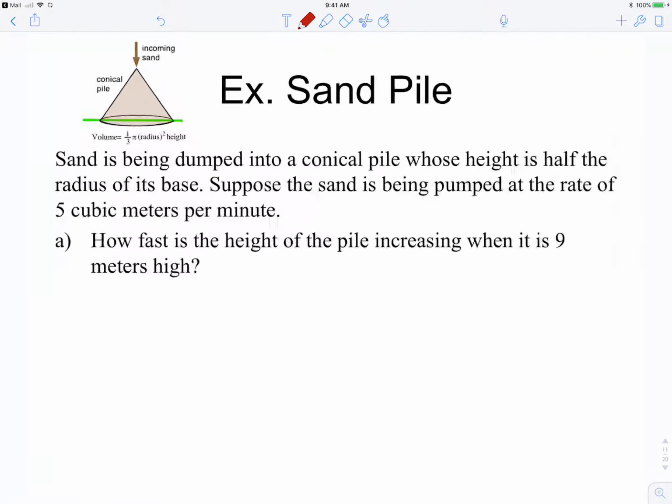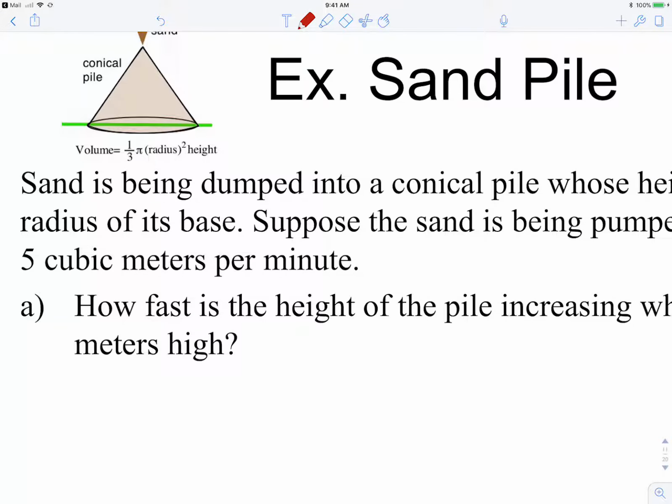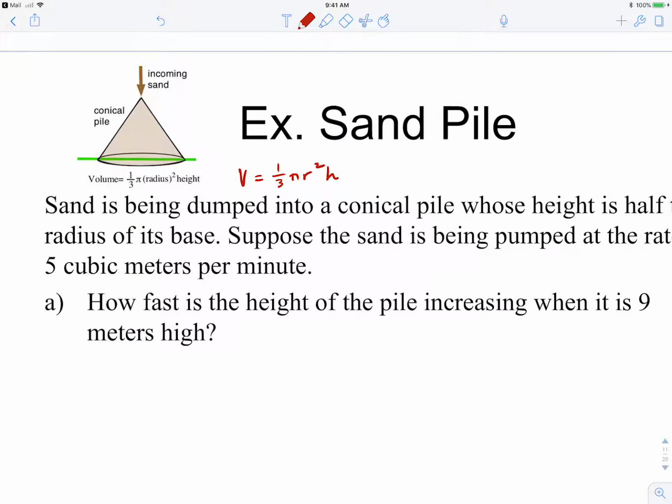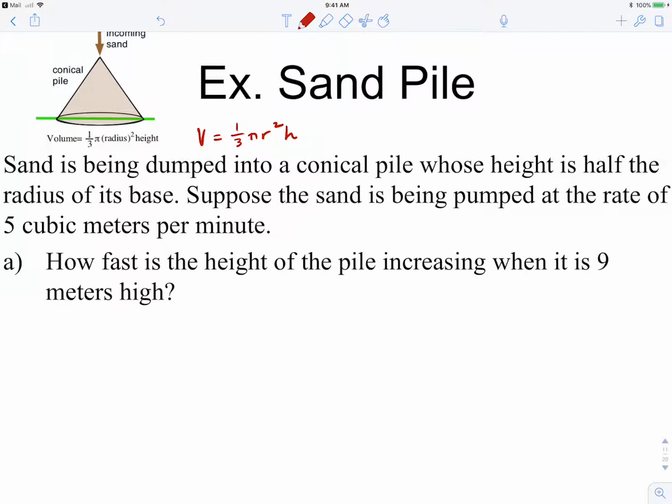high. So we are given the formula for the volume of a cone here. V is equal to 1/3 pi r squared times h. Looking at this first question, we are given dV over dt.